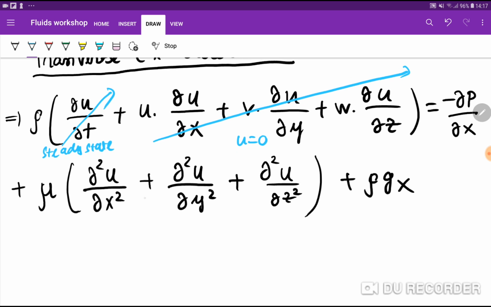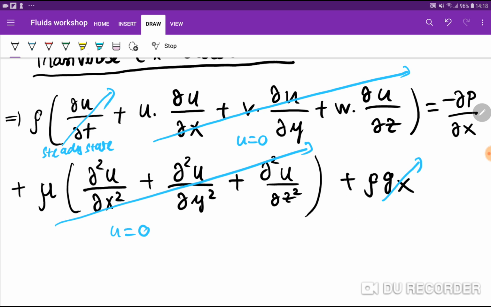Similarly, since your first derivative is 0, your second derivative is 0 as well. So you can cancel all these out because of u equals 0. Okay, and the gravity effect, rho times gx, can we cancel it out? Yes, we can, because there's no gravity effect in the transverse direction.